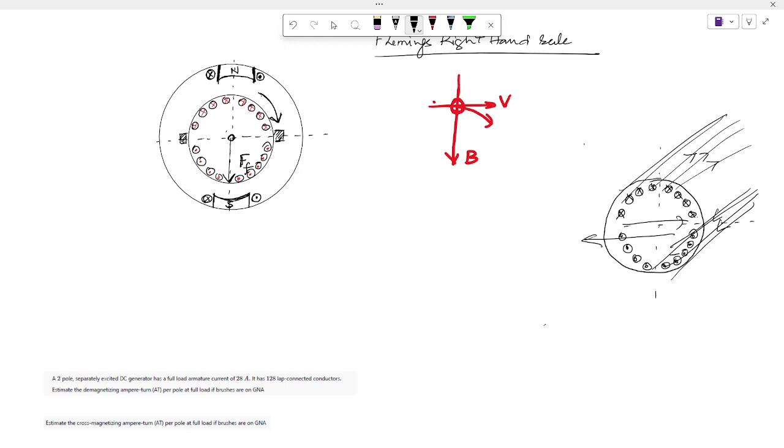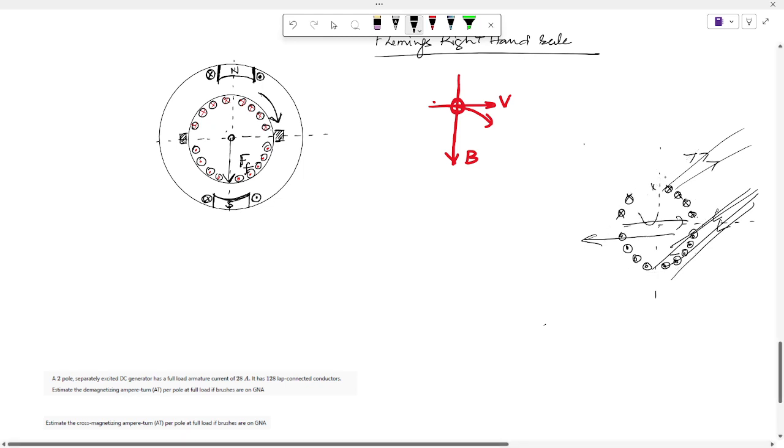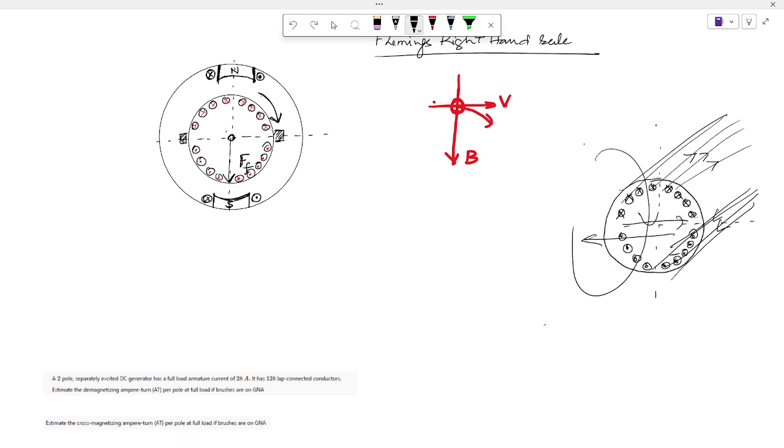So if current is going this way into the system and coming out, the magnetic field across this conductor will be, the current is going this way, so the magnetic field developed will be this way it will come out.